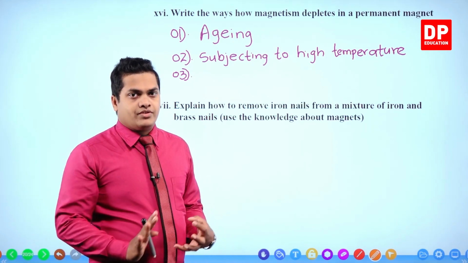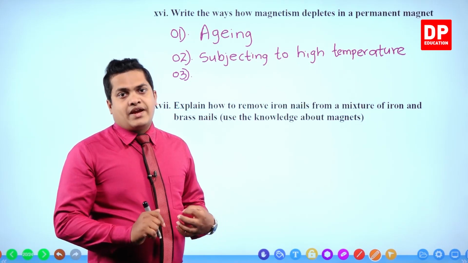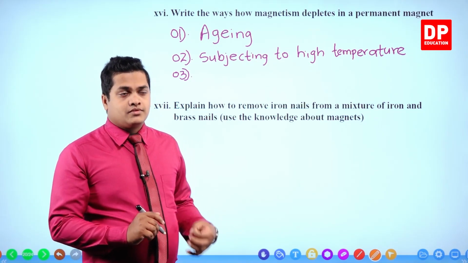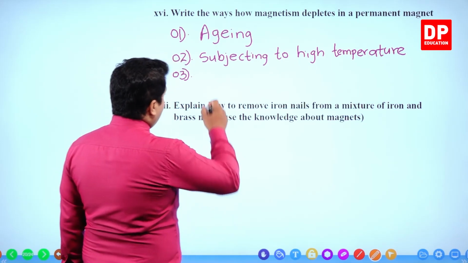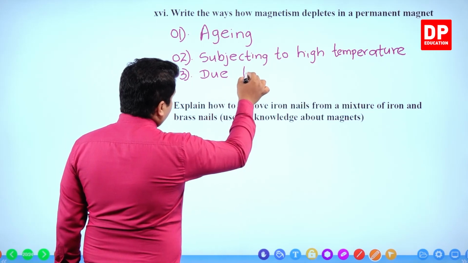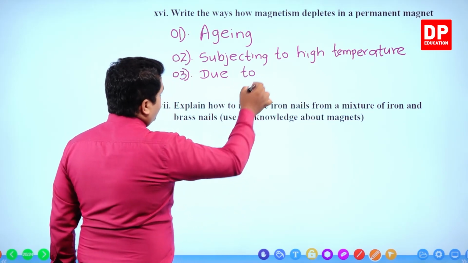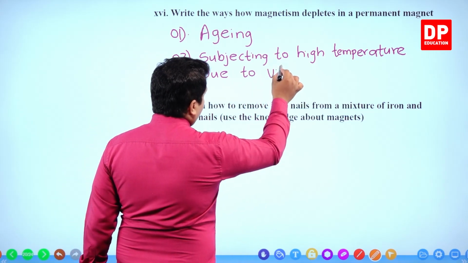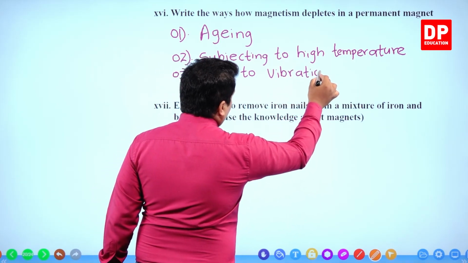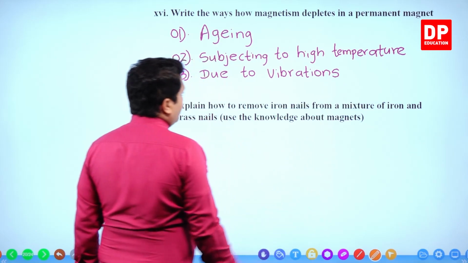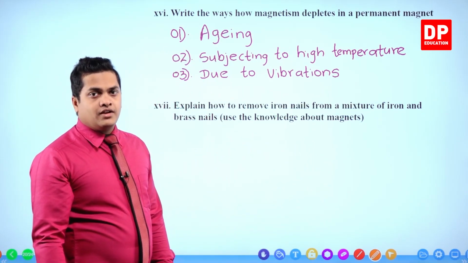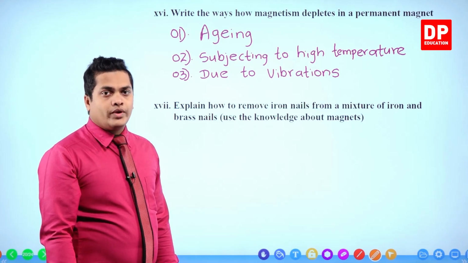So the third method is that magnetism is going to deplete because of vibrations. So we can write: due to vibrations.